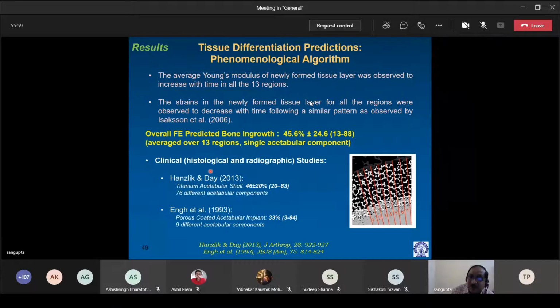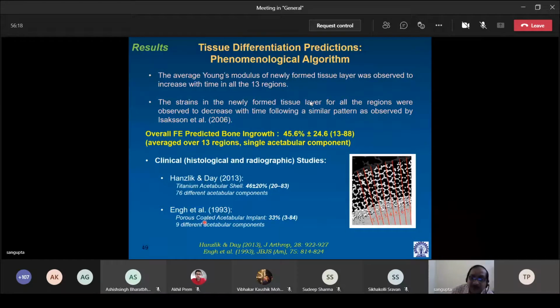So this is an earlier study, on a titanium acetabular shell. Variation was 20 to 83%, but the average was 46%. They had used 76 different acetabular components. And this is quite an old paper.